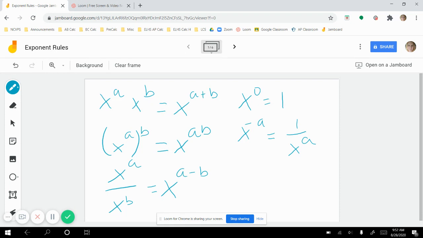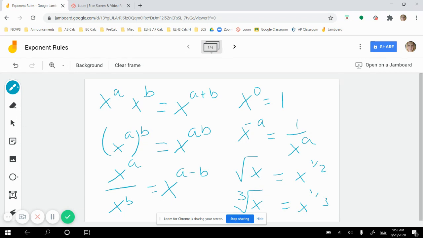Okay. Also, really quick, just a reminder, your roots are fractional powers. Let's say we have the square root of x. That's the same as x to the 1/2. Okay, if we had, for example, the cube root of x, that's x to the 1/3.